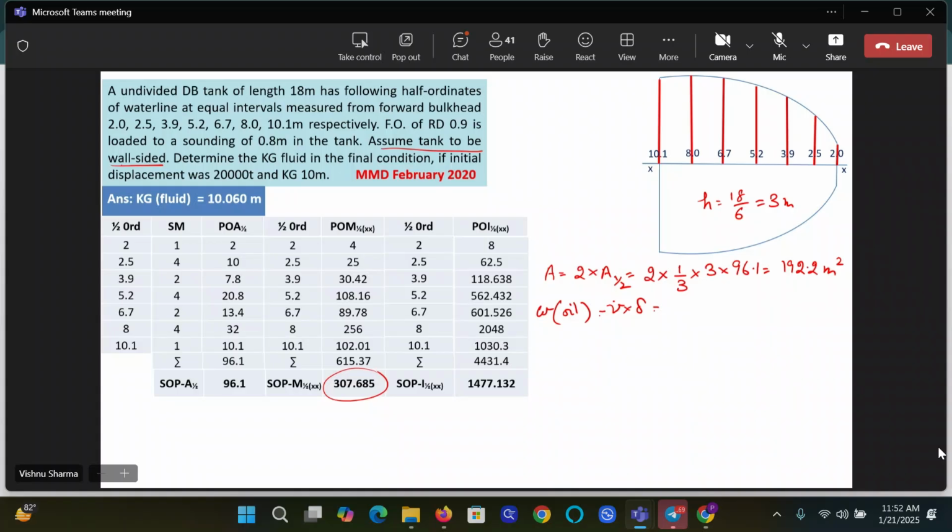It will be the area 192.2 multiplied by 0.8 sounding. 192.2 is the area, 0.8 meters is the sounding. This is the volume, multiplied by the density of the fuel oil given in the question, 0.9. You said how many tons, beta? 138.384, so 0.4 ton, doesn't matter. Everybody is good with small w, guys? Yes or no?